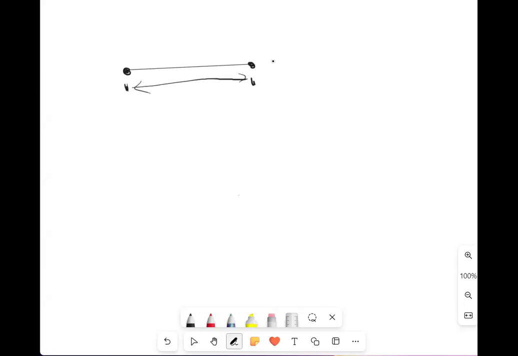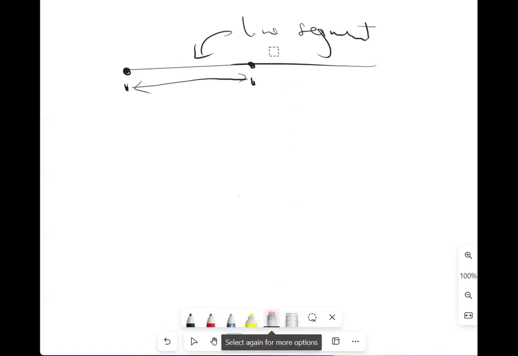You call it a line segment. It's basically a part of a line that connects 2 points. Hence the name, a segment is a piece of the whole thing.